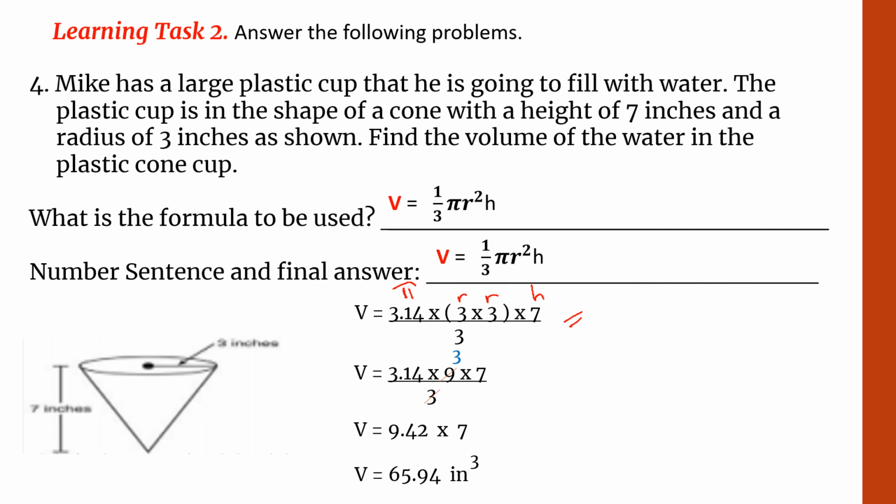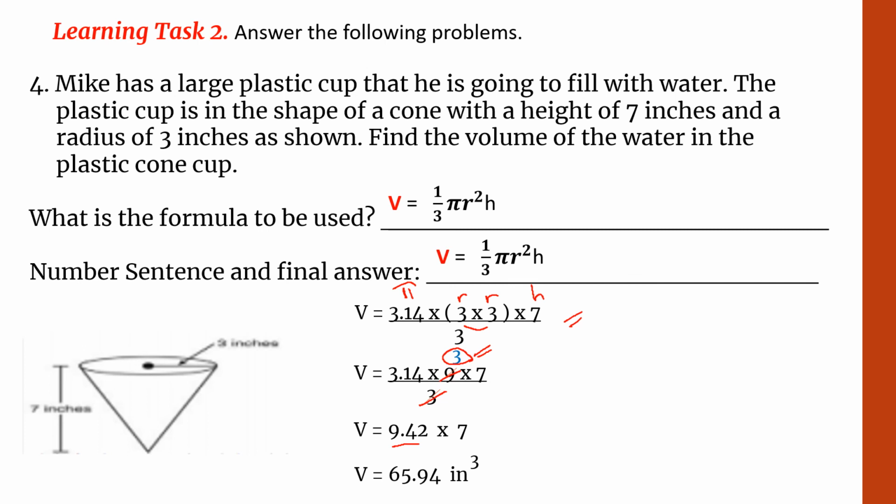Now, let us continue. Get the product of 3 and 3. Kaya nagkaroon ng 9. And then copy 3.14 and 7. Bakit merong extra 3 dito? If you look at your equation, we can cancel 9 and 3 by 3. So 9 divided by 3 is 3, kaya nagkaroon ng 3 dito na kulay blue. And the product of 3.14 and 3 is 9.42, then times 7.